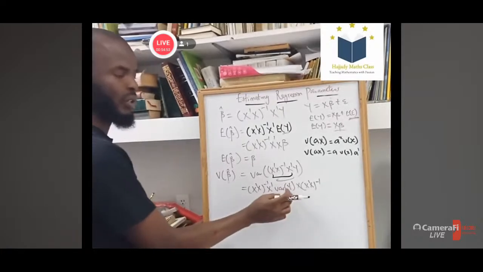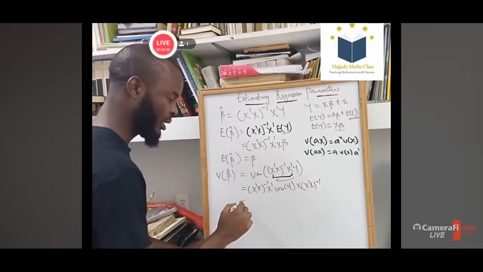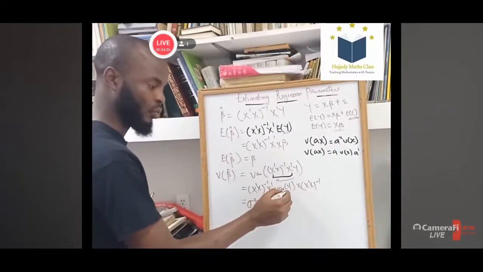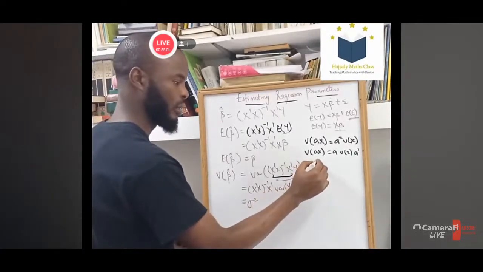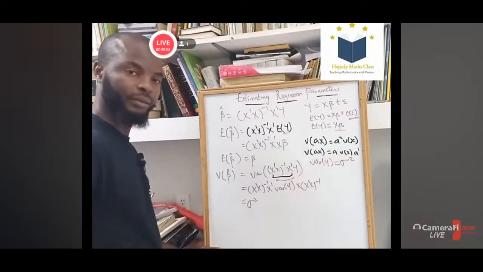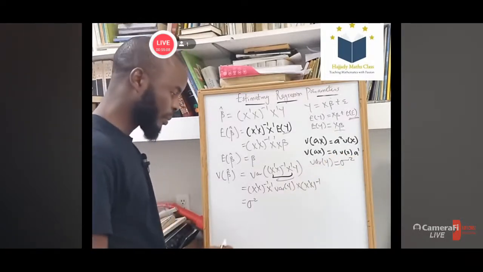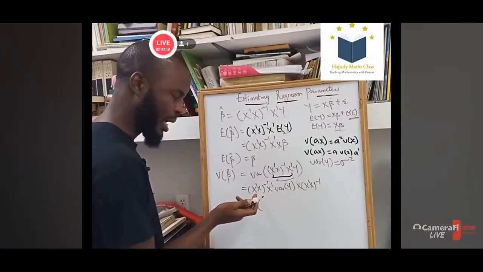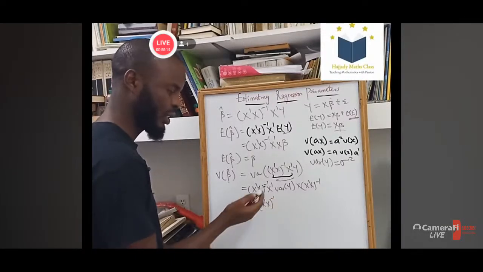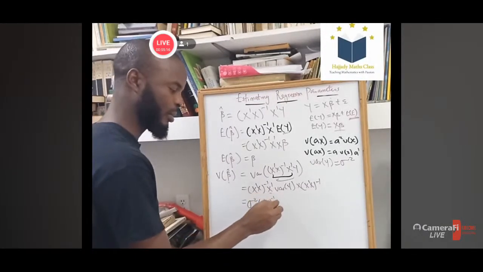Don't forget that the variance of y is the same thing as sigma squared. So I can have this as sigma squared. So here I have my x prime x inverse x prime.